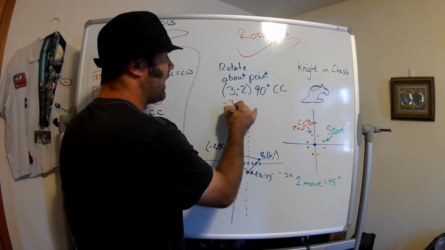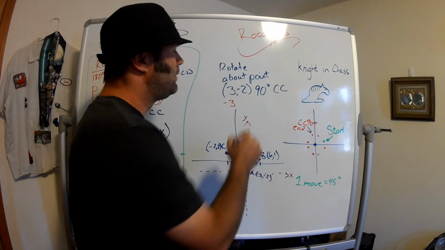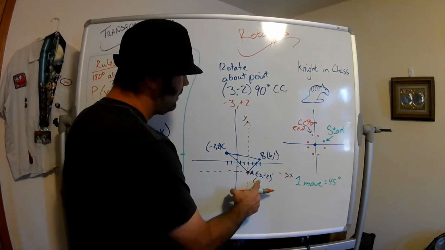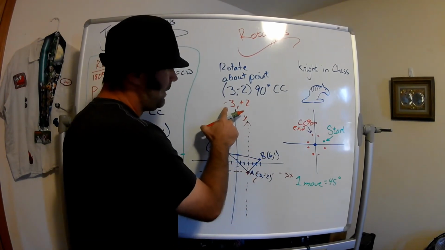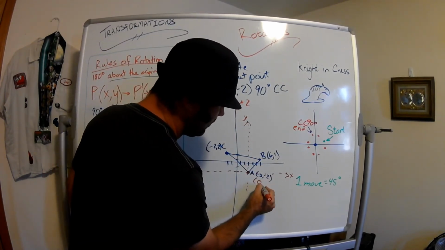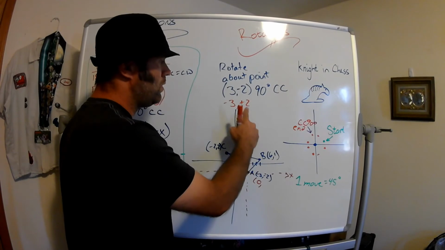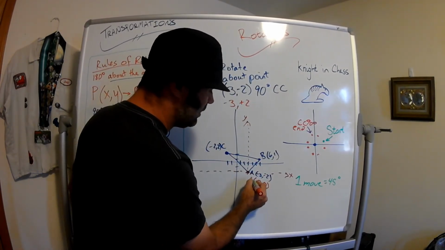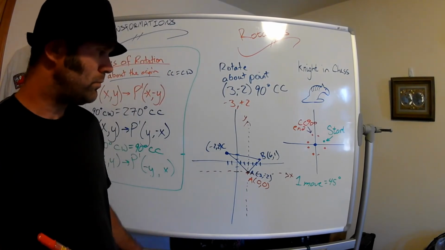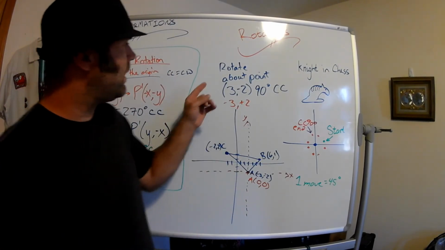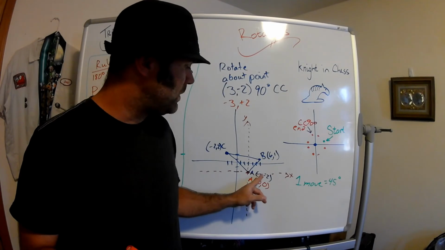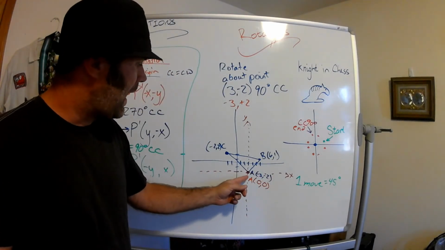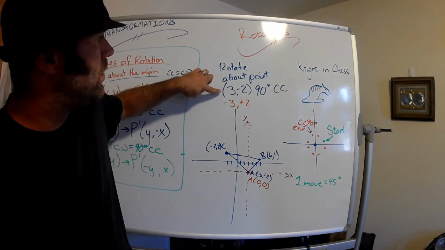So we need to subtract 3 from our x's and add 2 to our y's. So A becomes 3 - 3, which is 0, and -2 plus 2, which becomes 0. So our new A is 0, 0. Our new B, and that's because 3, -2 happened to be the point at which we were at, point A, and the rotating about.